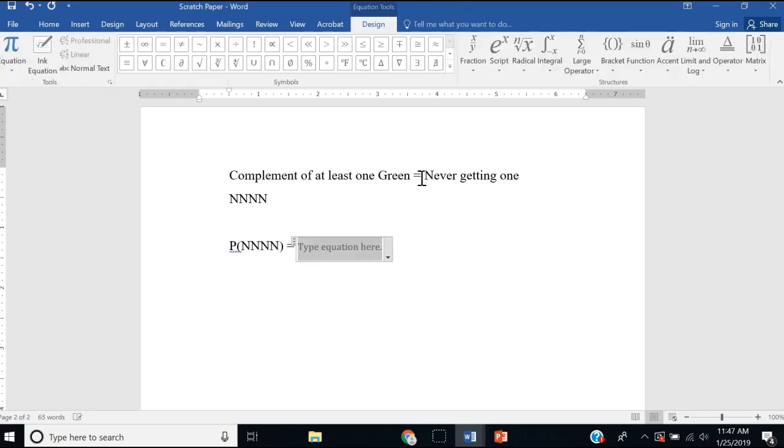By the way we do that, well, what's not getting a green on the first roll? Since there's 38 slots, there's 2 green slots. You do 36 out of 38 times another 36 out of 38 times another 36 out of 38 times another 36 out of 38.